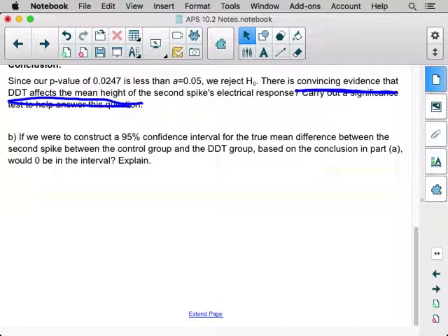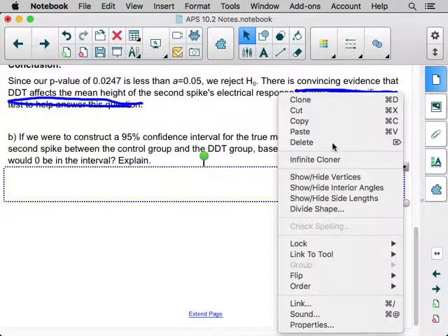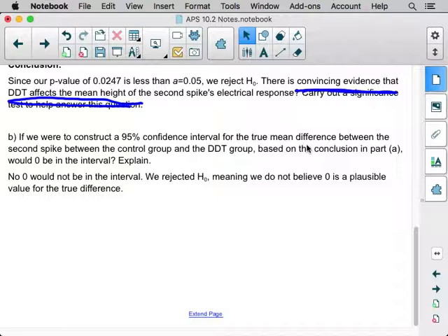We legitimately believe there is a difference. So would it make sense for 0 to be in the interval? No. We don't think 0 belongs there because we don't believe it's possible to have no difference.